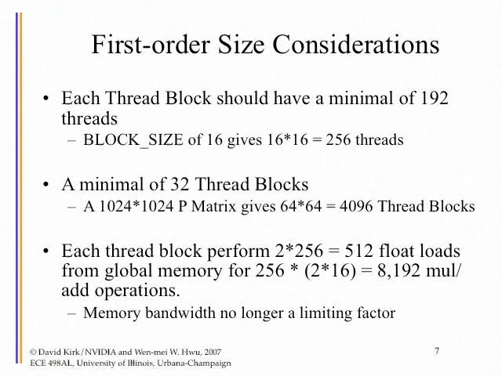If you look at the thread block per tile, this is actually per tile. Each thread block will perform 256 times 2 loads for the tile. It is loading 2 tiles for each step. And for the data in those 2 tiles, it will perform 256 times 2 times 16 floating point multiply or add operations.